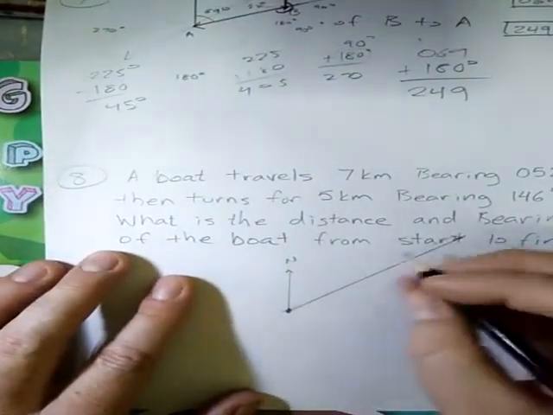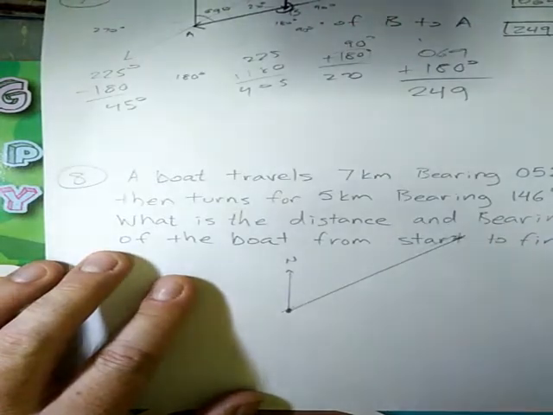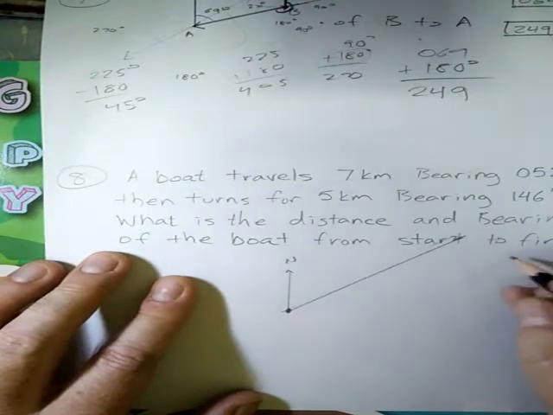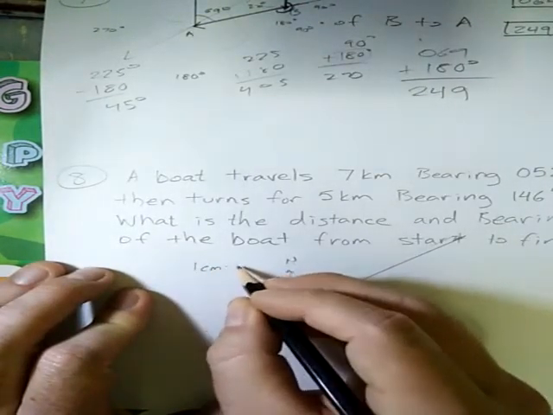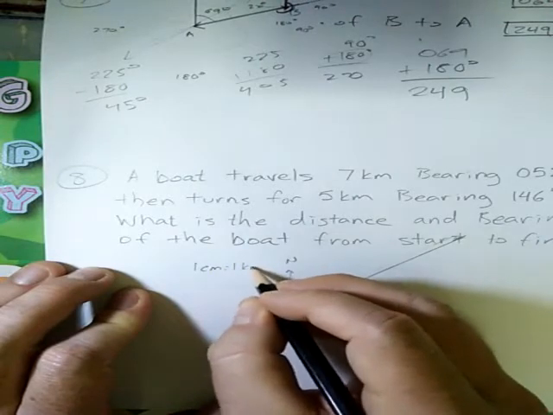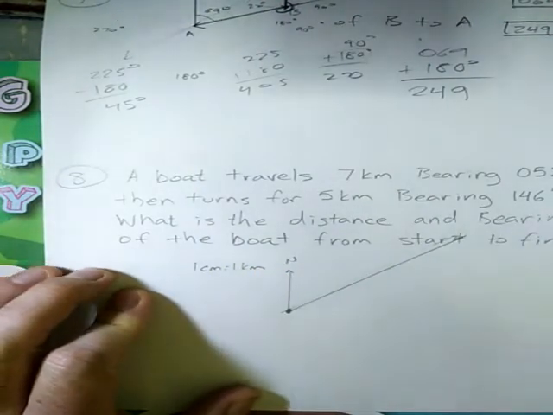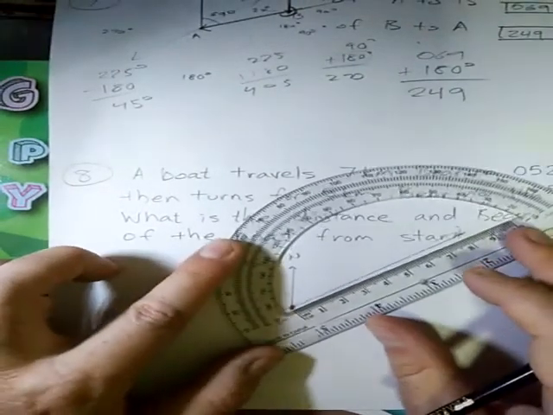So now I have my 052, and it says that the boat travels that way for 7 kilometers. So I'm going to say that 1 centimeter is equal to 1 kilometer on this map. So I'm going to mark off 7 centimeters.